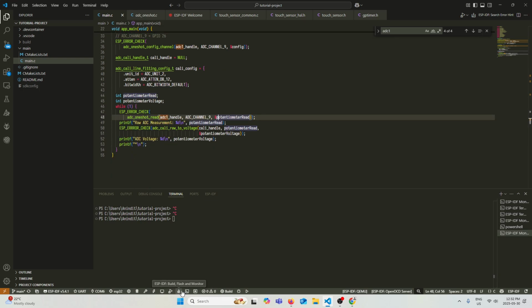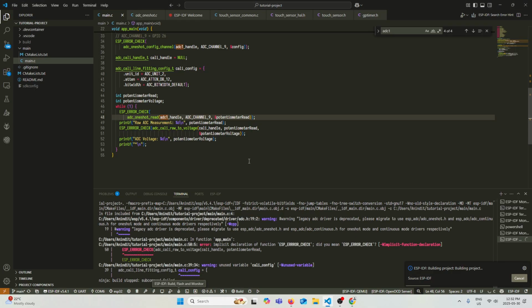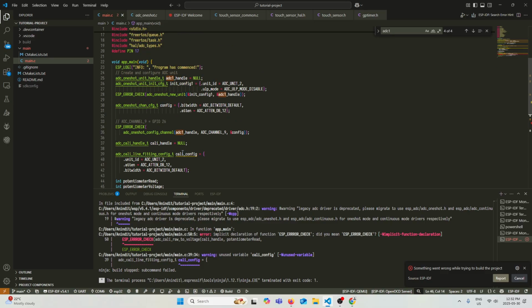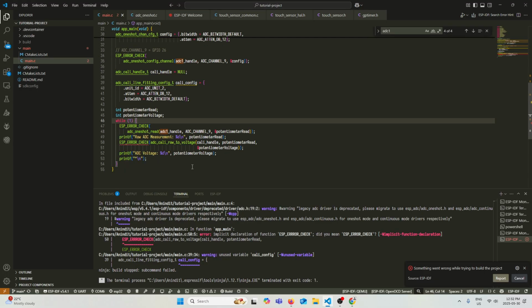All right, let us build this. Okay, so a bunch of problems here. So number 1, I don't know what the heck that was. Kali config. Also, I forgot to calibrate. Hold on.